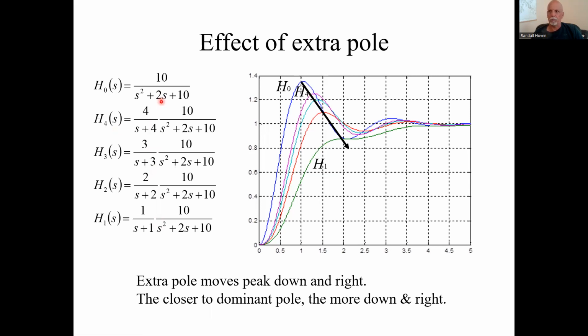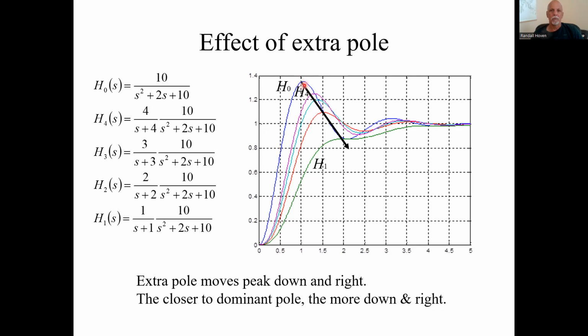This guy has a complex pair of poles at -1. This guy has a real pole at -4, or 4 times to the left. This guy is at -3, or 3 times to the left, 2, 1, and at this last one, the extra pole is on the real line exactly where the complex pair is. And let's see what happens.